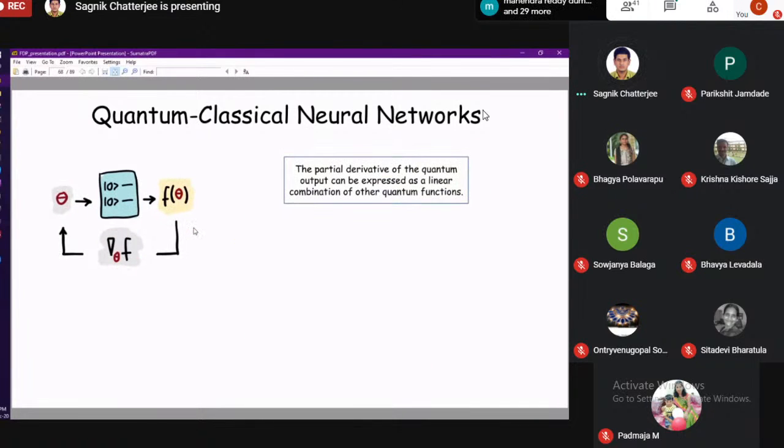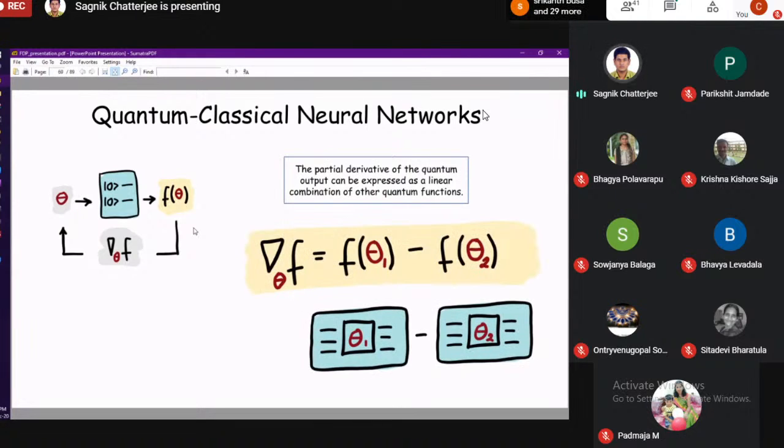We express the partial derivative as a linear combination of other quantum functions. The special thing about these other quantum functions is that they are based on the same circuit but with different parameters. It looks somewhat like this. f of theta says what happens when theta is applied to the circuit in the picture. f of theta 1 and f of theta 2 are the same circuit but with different parameters.